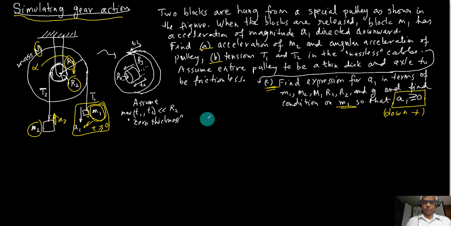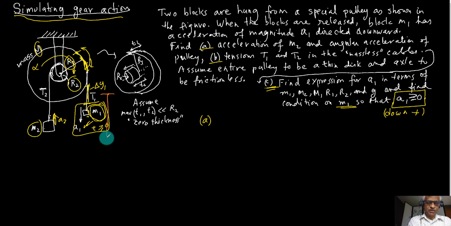So for part A, I noticed that M1 is unwinding at this radius. So that's the distance along over here that is going to move. So this is delta y1. Again, I'm going to use an axis in which delta y1 will be positive.